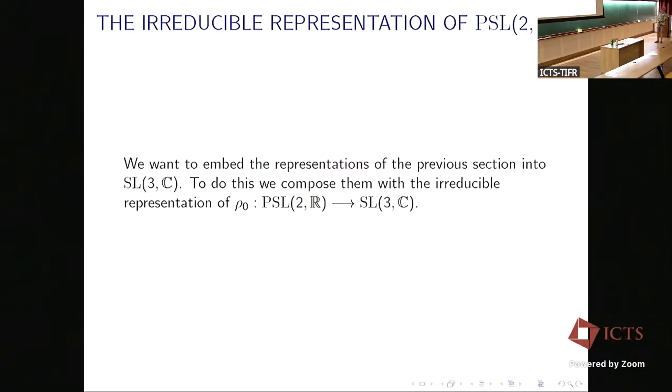Okay, so for next time, we're going to be thinking about 3x3 matrices. So we're going to go into the parallel universe of SO(2,1) rather than PSL2R. And so what I need to do is to work out how to pass between them, and I'm going to use the irreducible representation.